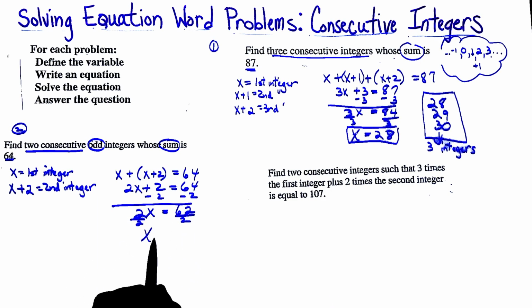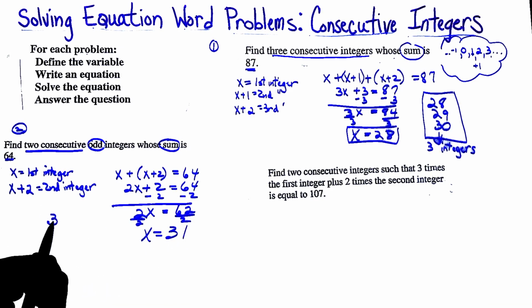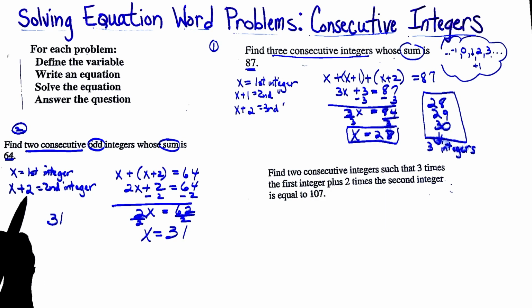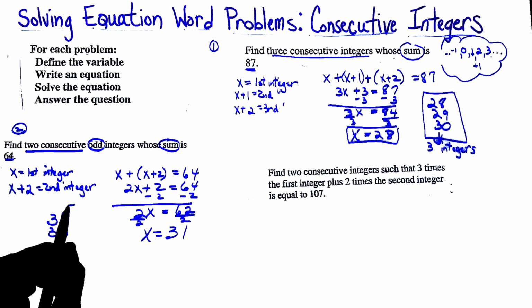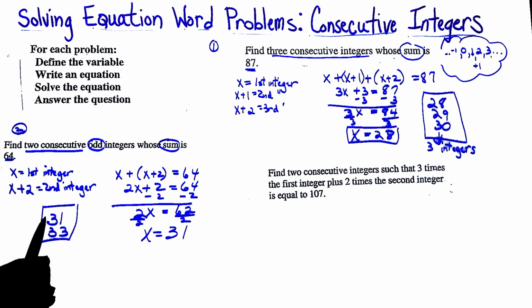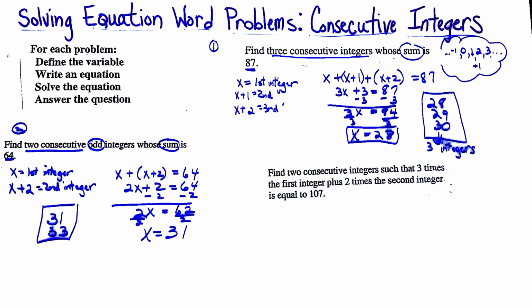So I know that x is equal to 31. Well, that's my first integer. If my first odd integer is 31, I have to add 2. So my next odd integer is 33. So those are the two integers that would satisfy what we needed to find.